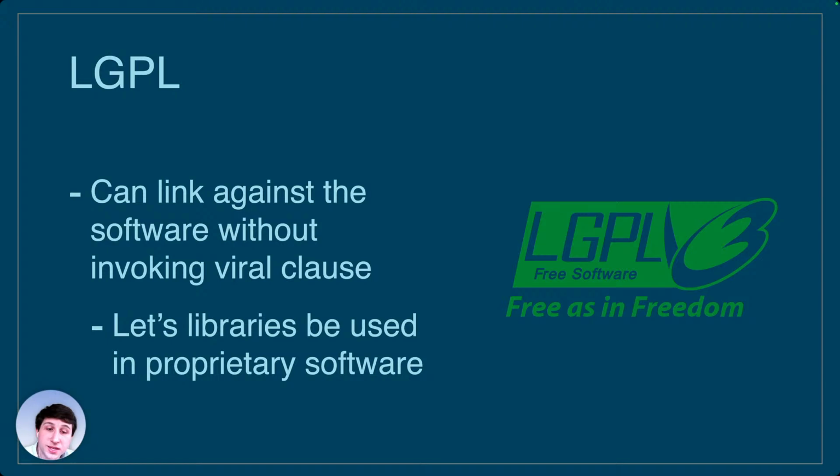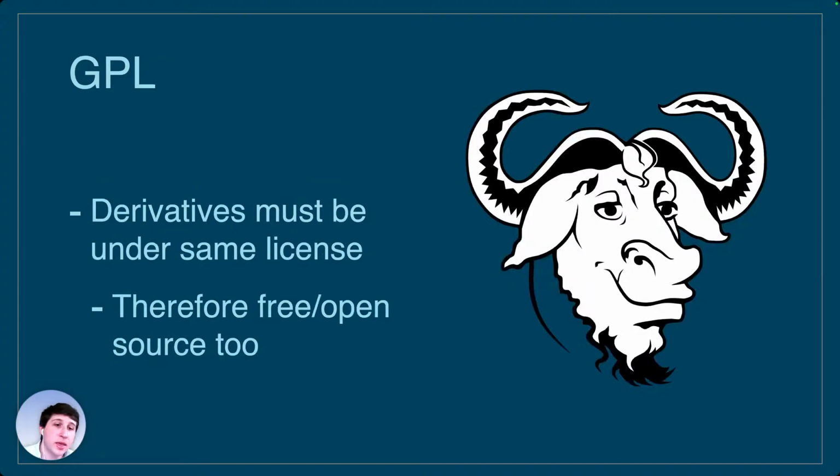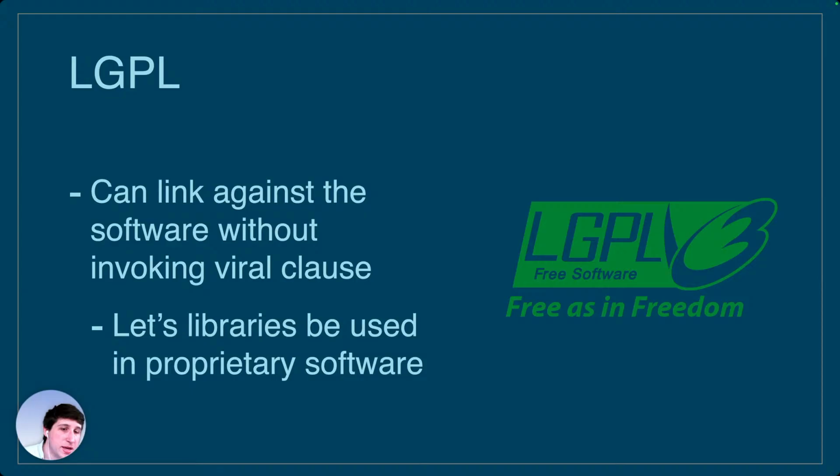But if you just link against the software, if you just take the already compiled library and link against it, the LGPL explicitly says you do not need to buy into that viral clause. So as a commercial software developer, you can link to an LGPL library and not need to release your source code as well. Whereas the GPL requires you, if you incorporate the software in any way, to then release your software under the same license. So the LGPL basically makes that exception for just linking against the software.